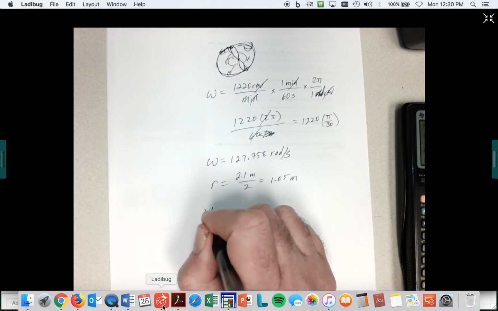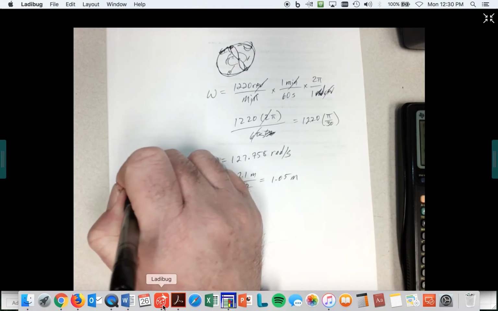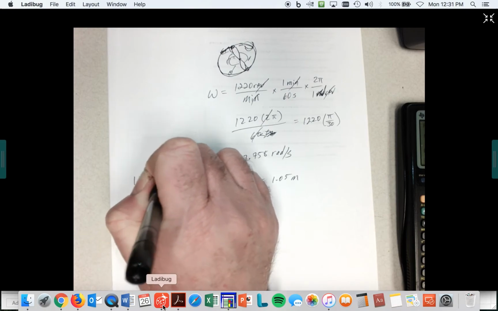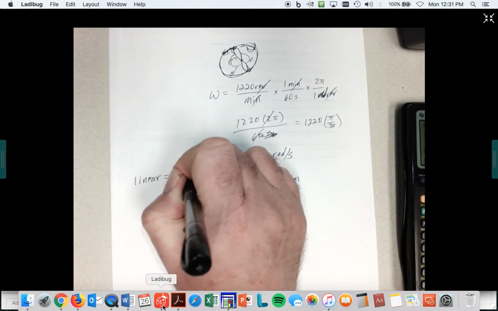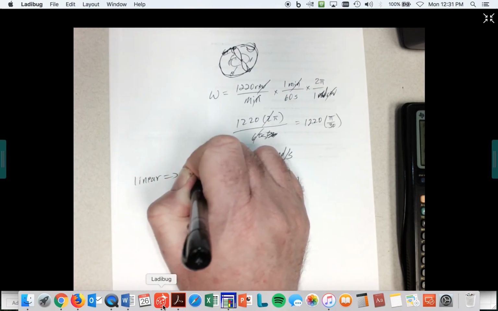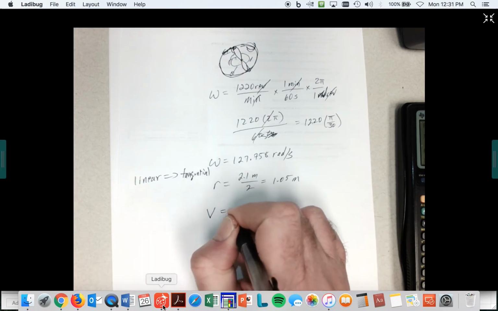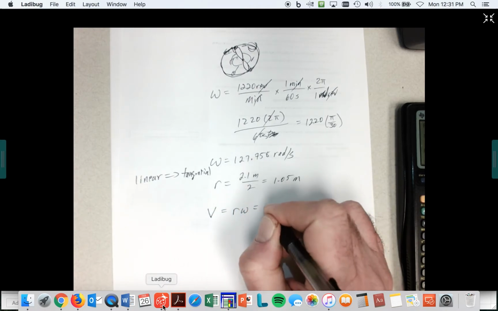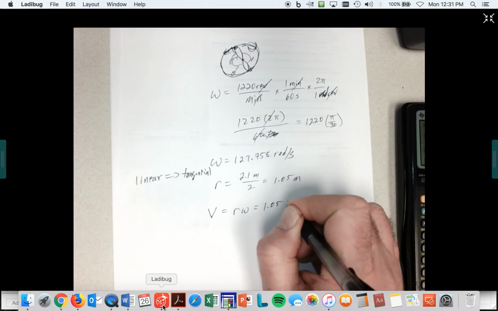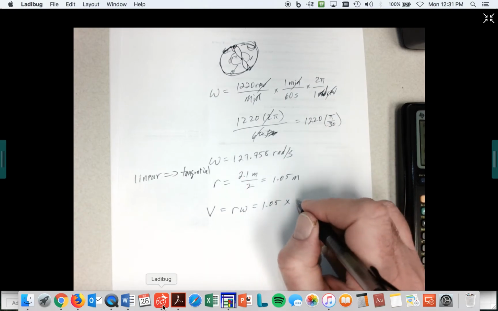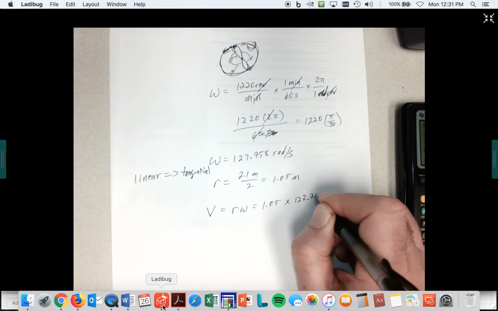The tangential speed, or linear speed, it depends on which physics text you're reading, which physics professor you have. So the linear speed, v, is equal to r times omega. So you get 1.05 times 127.758.